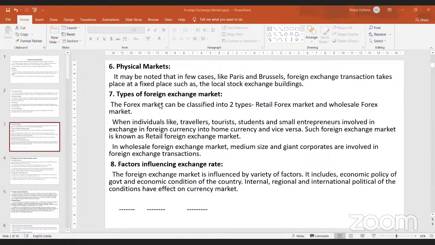For all of them, you would be requiring foreign currency. So here you talk about the wholesale foreign exchange market where your firms and companies are engaged. So that is also a part of your forex market.